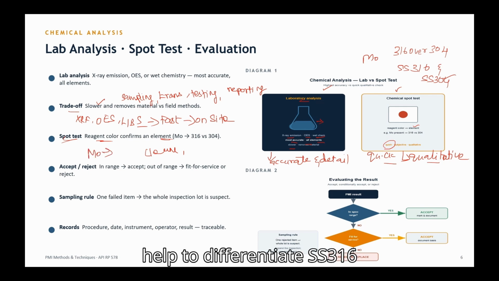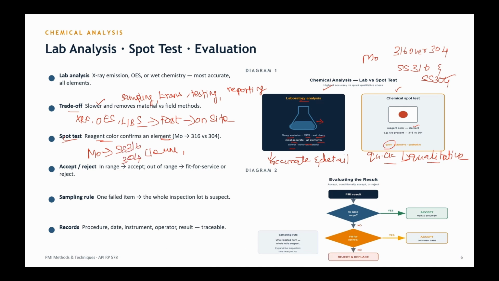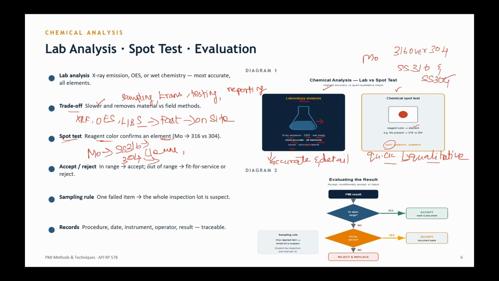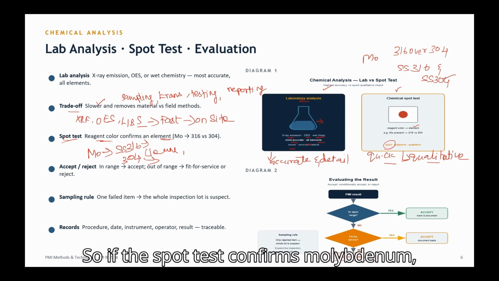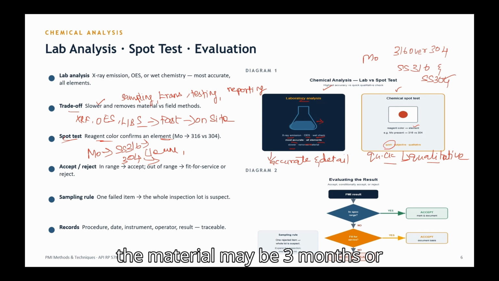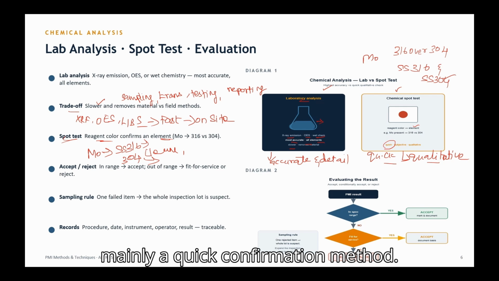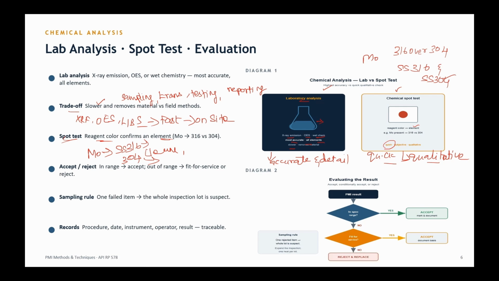It can help to differentiate SS316 from SS304, because 316 contains molybdenum and 304 does not. So, if the spot test confirms molybdenum, the material may be 316 or another molybdenum bearing alloy. But we must be careful. A spot test should not be treated as a full chemical composition report. It is mainly a quick confirmation method.